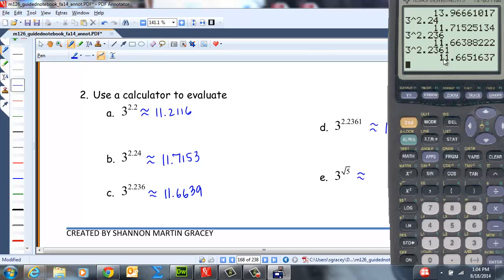This last one we're raising 3 to an irrational number, and this is kind of where we're going with this. So we have the square root of 5, and we'll get approximately 11.6648.